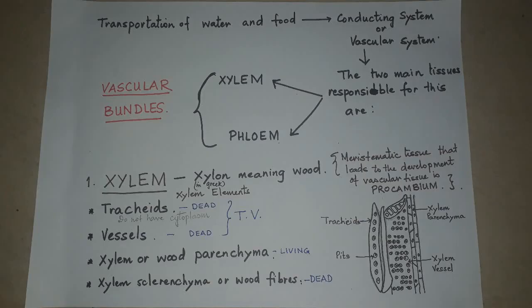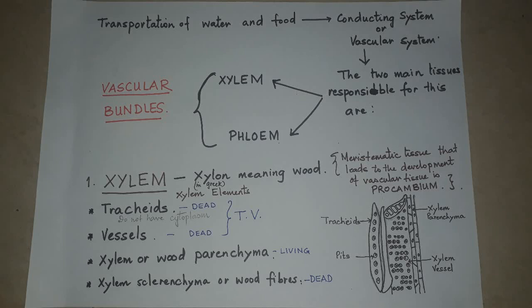Now transportation of water and food is done by a conducting system, which is also the vascular system. As we have the vascular system in our body whereby the blood flows, similarly, the plants also have a vascular system or the conducting system.